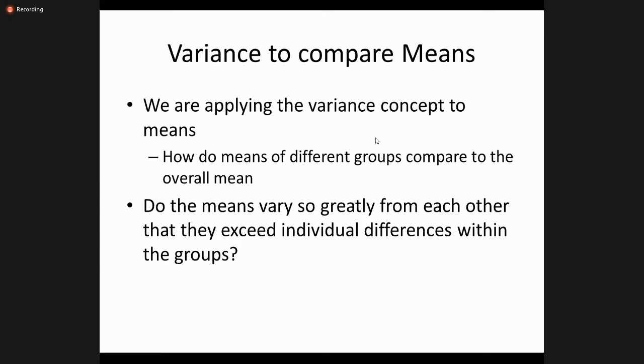So how do the means of different groups compare to the overall mean? Basically ANOVA does the calculation within groups and between groups. So it will see the differences of variances within groups and between groups. The means vary so greatly from each other that they exceed individual differences within the group. So automatically when you use this technique within groups and between groups, it will show which group is different from the others. So this is how ANOVA works.